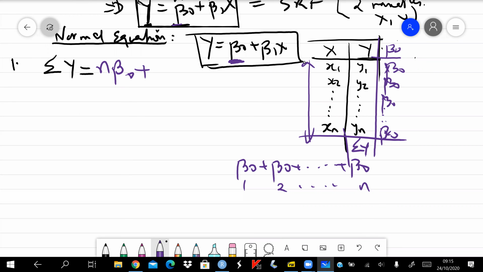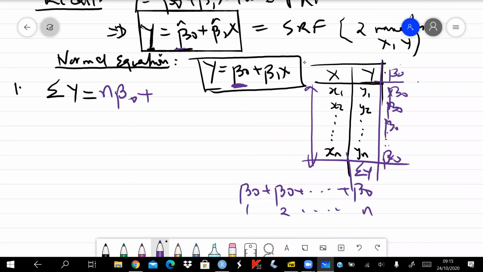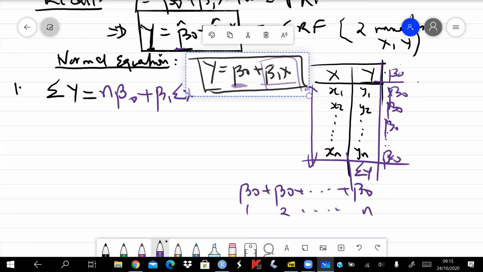Then plus, you come here and sum up this item also. When you sum that up, you'll get beta 1 summation of x. And that's your first normal equation.